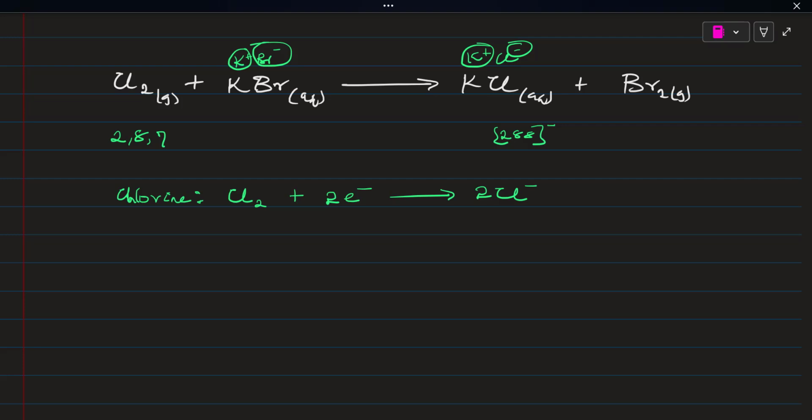Let's write for the bromide side of the equation. So here we have to take out bromide from this compound. So we need to write Br minus alone, the one on top over there. So I will write for the bromine side of the equation, it's going to be Br minus. I took the bromine on top only.